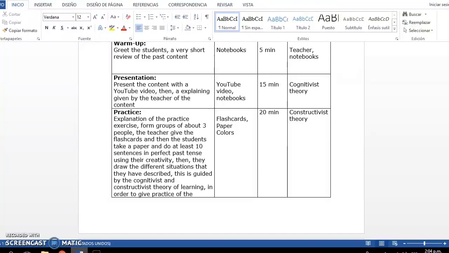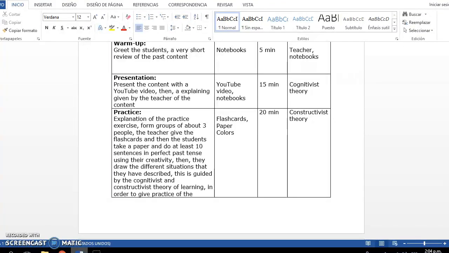The resources are the flashcards, paper and colors, which the students use to make, for example, a flashcard like this and a short sentence like I have painted a picture about flowers. That's the use of the flashcards, like this, or this, or this.